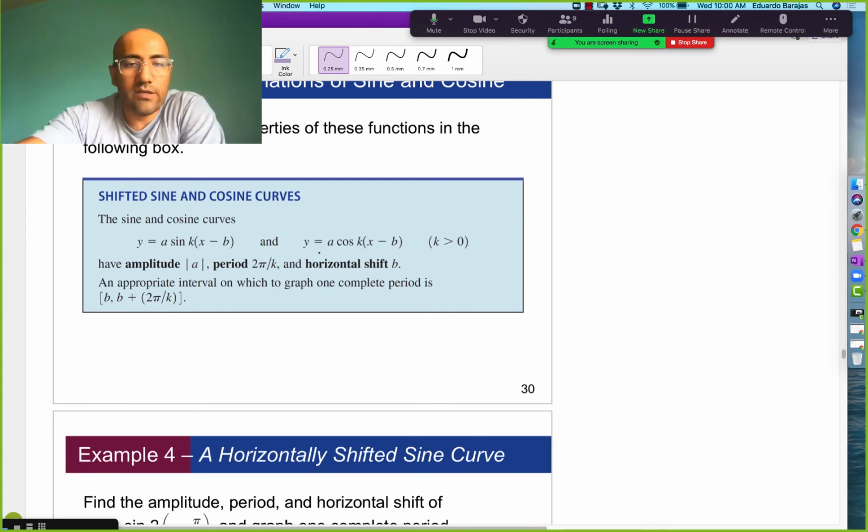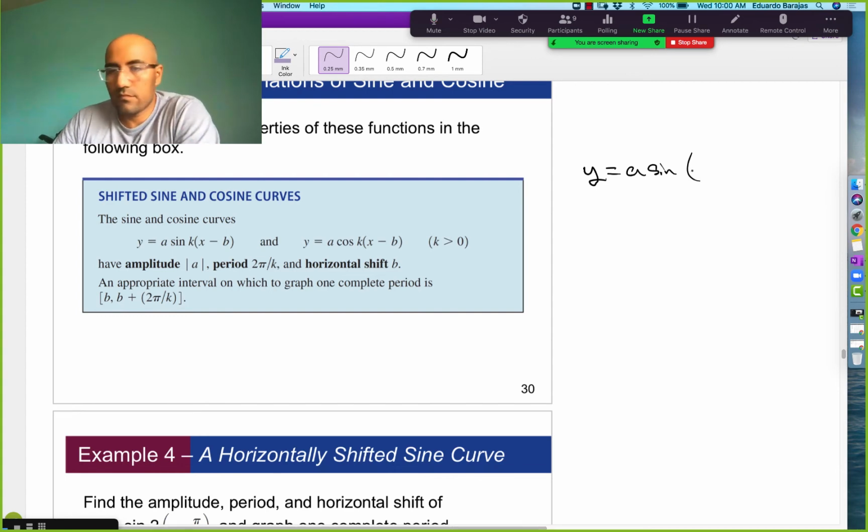Okay, so let's focus on y equals a sine of k x minus b. Now, in this context, this whole thing is inside the sine function, so that might not be clear from here. It's not sine of k times x minus b.